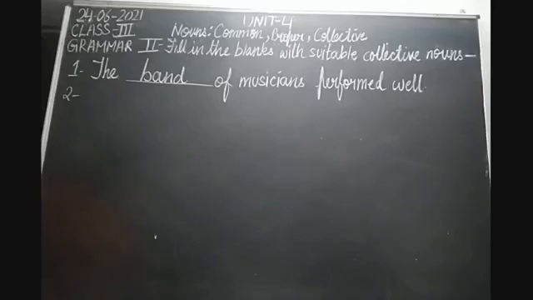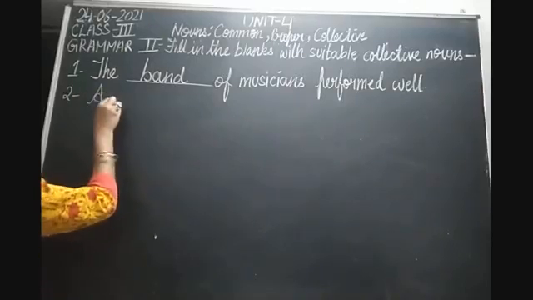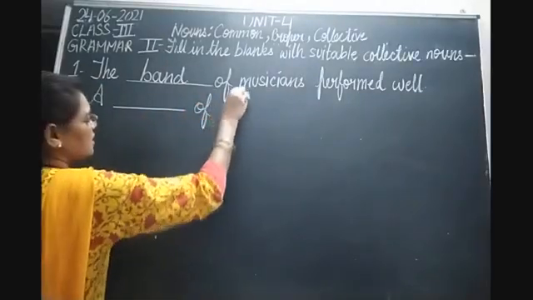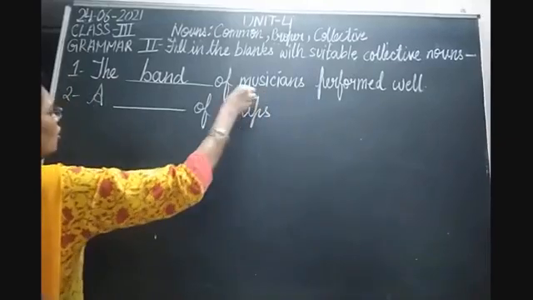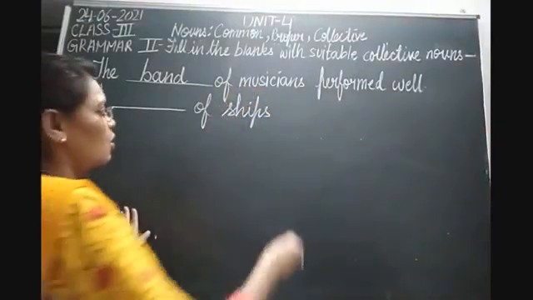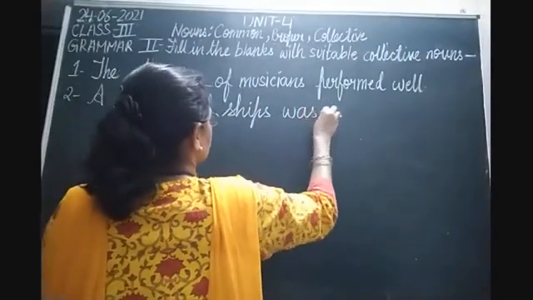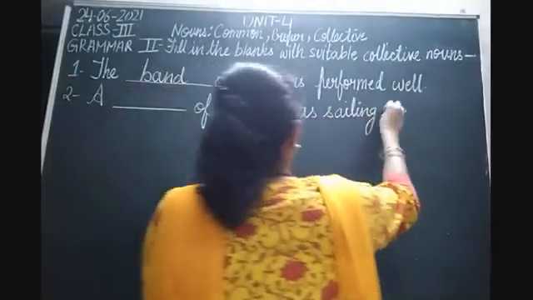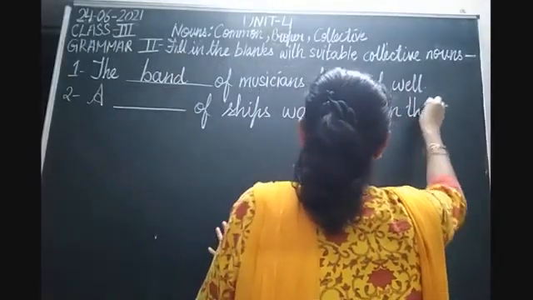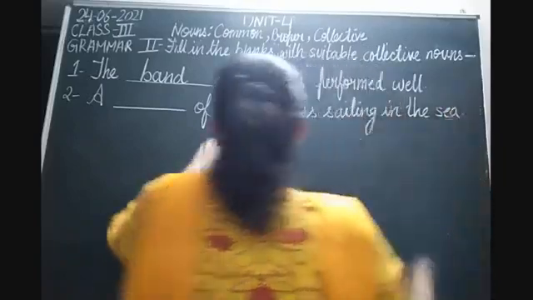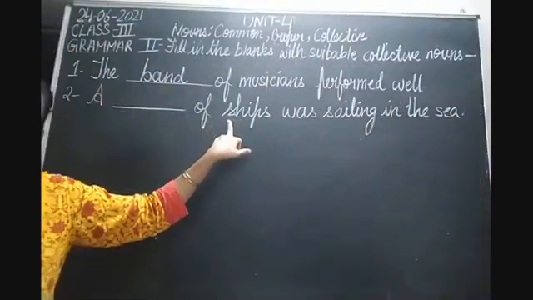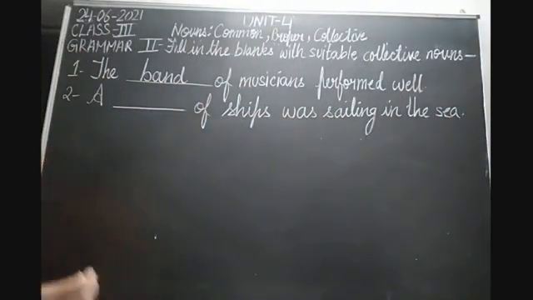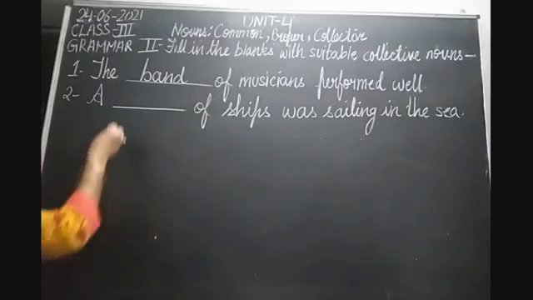Then the second one, a dash of ships. A dash of ships was sailing in the sea. बहुत सारे जहाज को क्या बोला जाता है बेटा? शिप्स, है ना? और शिप्स के बहुत सारे जब शिप्स एक साथ हैं तो उसको क्या बोला जाता है? फ्लीट.